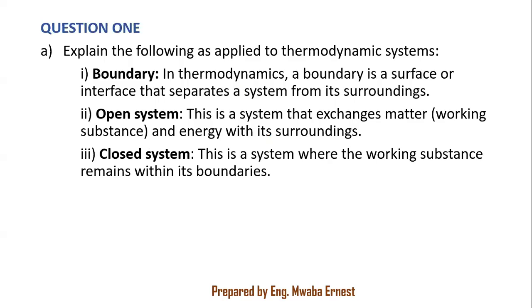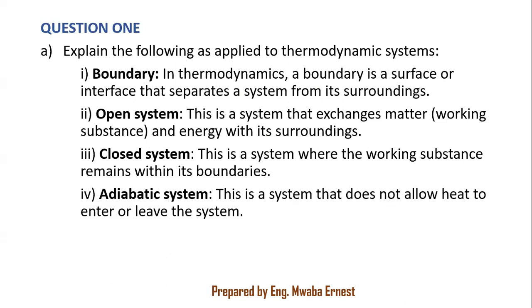A closed system doesn't do that. The system or the working substance remains within the fixed boundaries, without crossing or causing any movements. Adiabatic system, we're talking about a system where the heat transfer is 0. There's no heat transfer there.